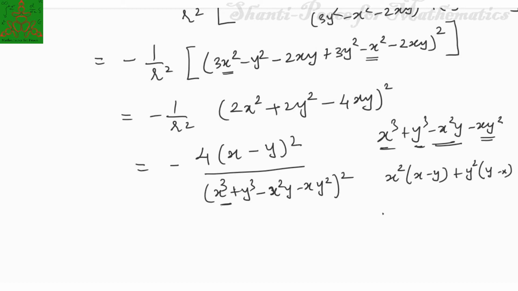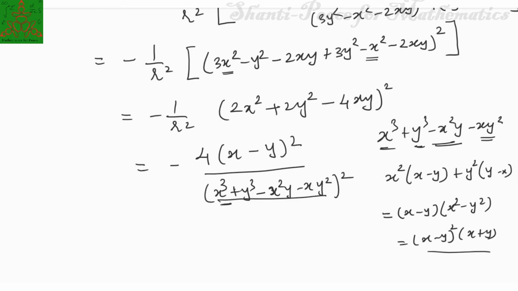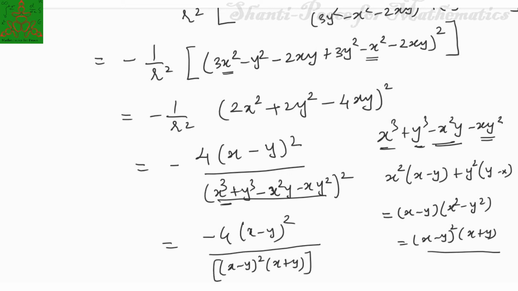So we have this equal to x minus y times x square minus y square. So this is nothing but x minus y square into x plus y. The denominator can be written in this form, so it is minus 4 times x minus y square upon x minus y square times x plus y, whole raised to square.